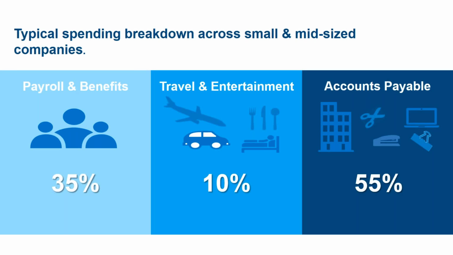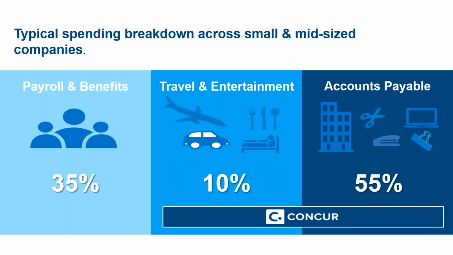But where Concur comes into play is that other 65% of total spend that an organization has, with 10% of that typically falling in travel and entertainment, and the other 55% in accounts payable. So how they're managing their vendor bills, where most organizations haven't addressed or looked at automating that part of the organization. That's where we can really come into play and offer some value and optimization.